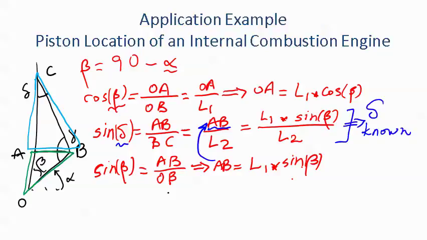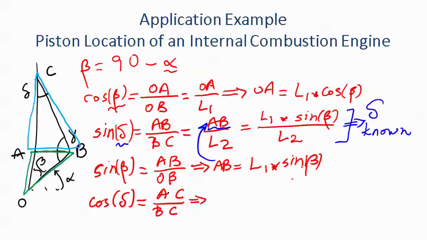And if angle delta is known, and the hypotenuse of this triangle, BC, is known, then we can find distance AC. So let's take the sine of delta, oops, not the sine, the cosine of delta. The cosine of delta will be equal to AC divided by BC.